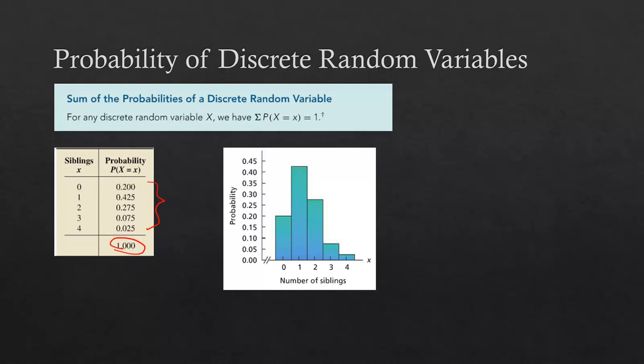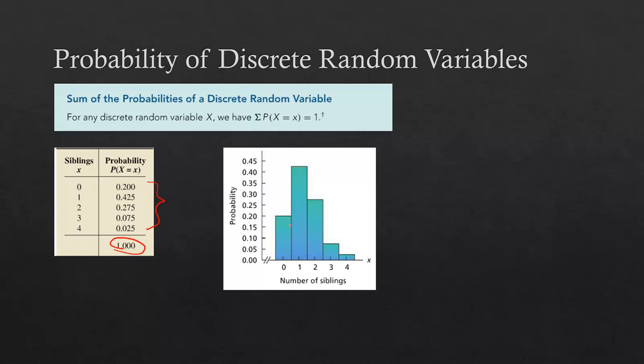Because remember, probabilities are essentially percents. So 20%, 42.5%, 27.5%, so on. If you know all the different probabilities, that should equal 100% at some point. So 100% as a decimal would just be 1. So all of these should add to give you 1.